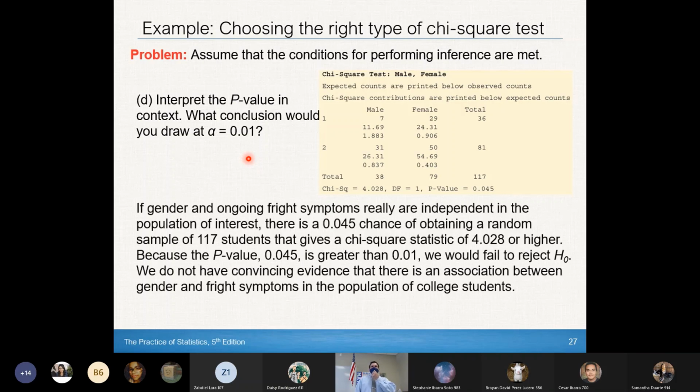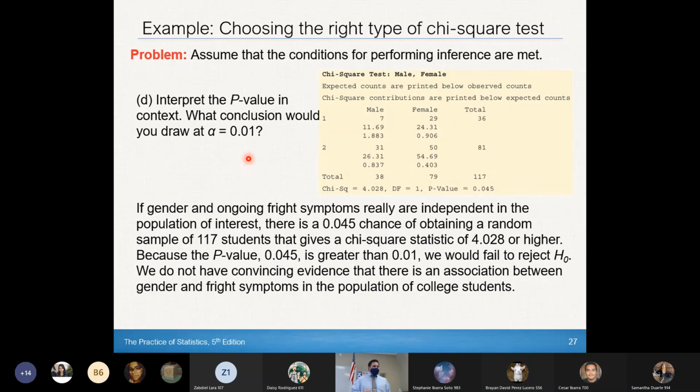So if gender and ongoing fright symptoms really are independent in the population of interest, meaning if the null hypothesis were true, there is a 0.045 chance of obtaining a random sample of 117 students that gives a chi-square statistic of 4.028 or higher. That's the interpretation of the p-value in context.